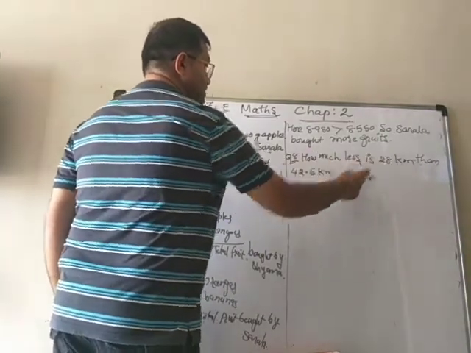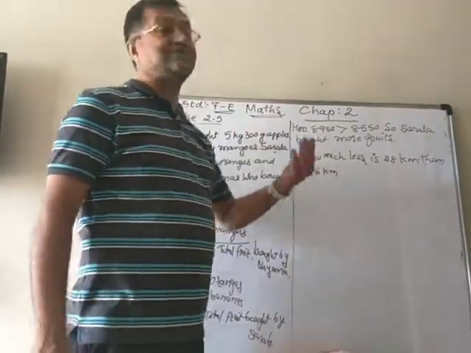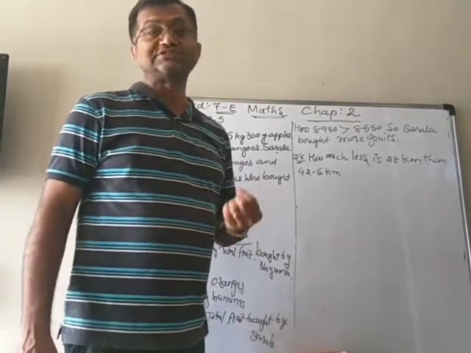So 28 kilometer is how much less than 42.6 kilometer. So how much less, that we have to find, so we have to subtract.